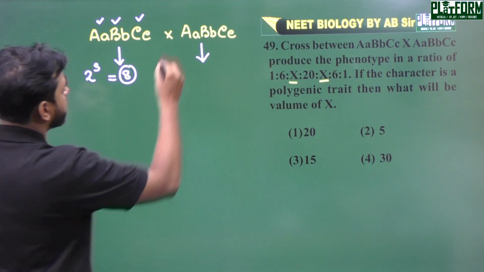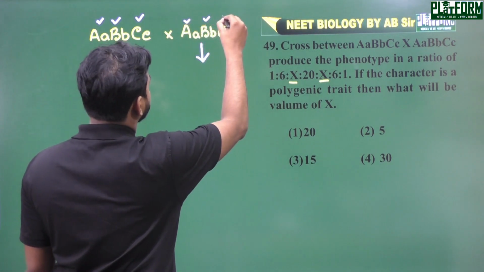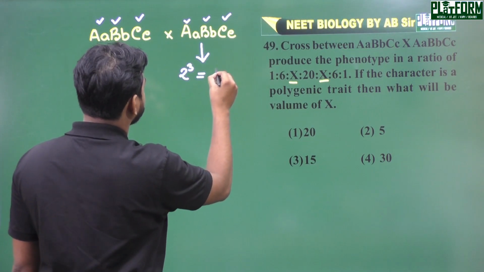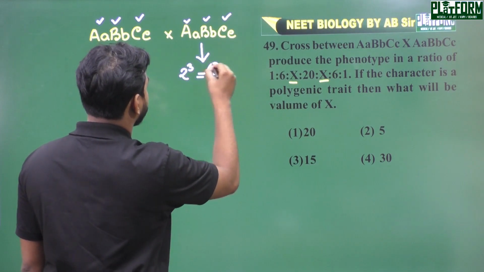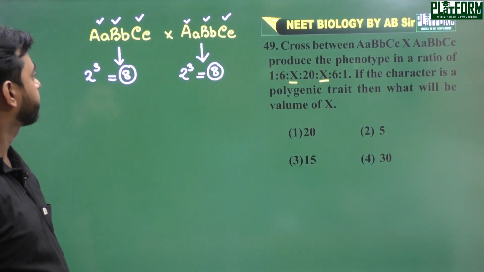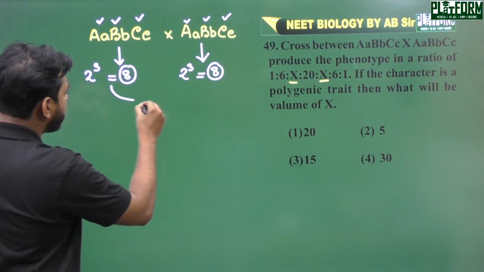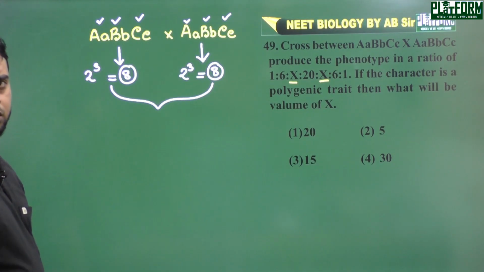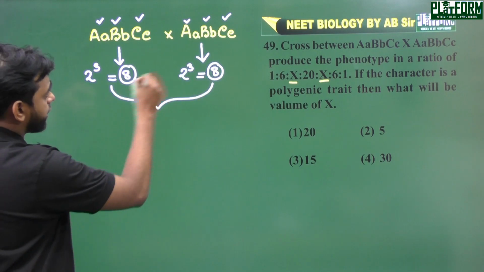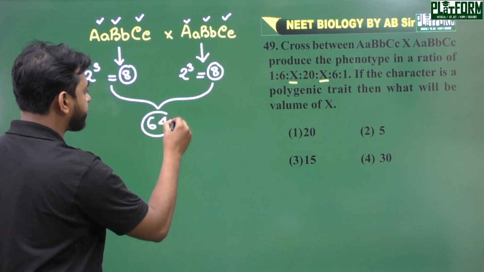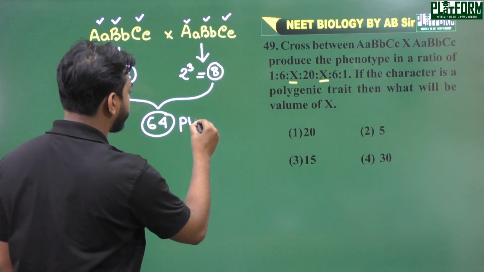Here also 2 to the power 3, 8 different types of gametes. Now the number of progeny is 8 into 8, that is 64 different types of progenies.